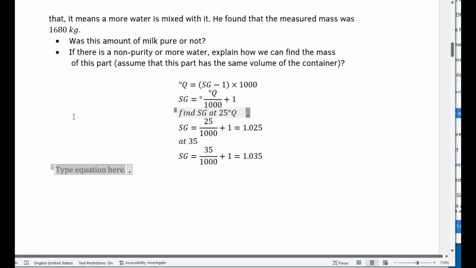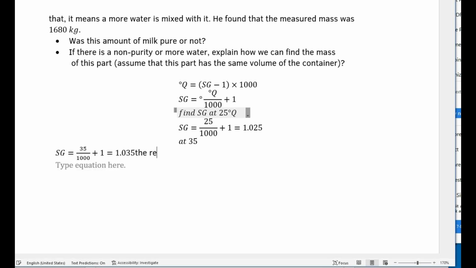It is given that the reference water density is 997 kilograms per cubic meter at 25 degrees Celsius.